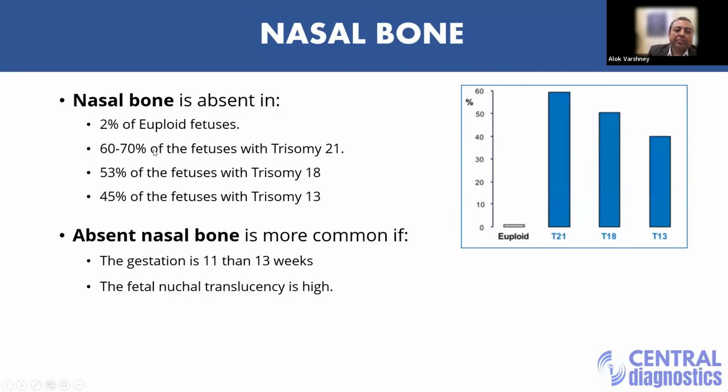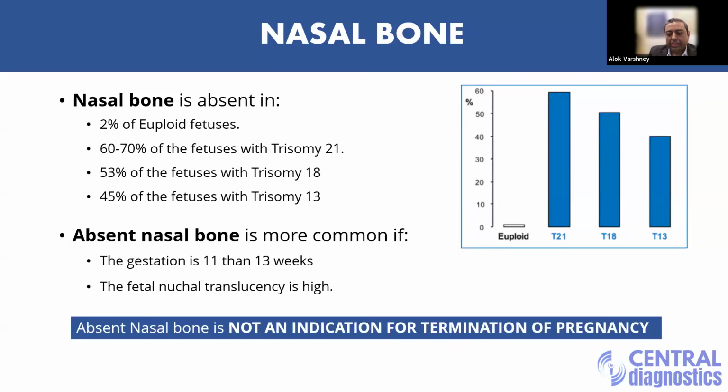And absence is seen in 2% of the euploid fetuses, but in trisomy 21 cases, the incidence is higher. And if we scan the baby at the earlier gestational age, roughly between 11 to 12 weeks, the incidence of absence of nasal bone is much higher. Remember that absent nasal bone is not an indication of termination of pregnancy.